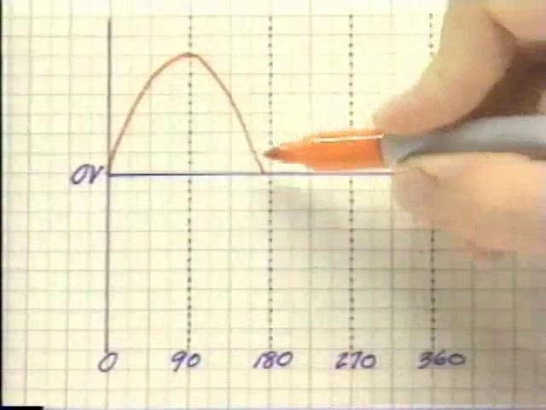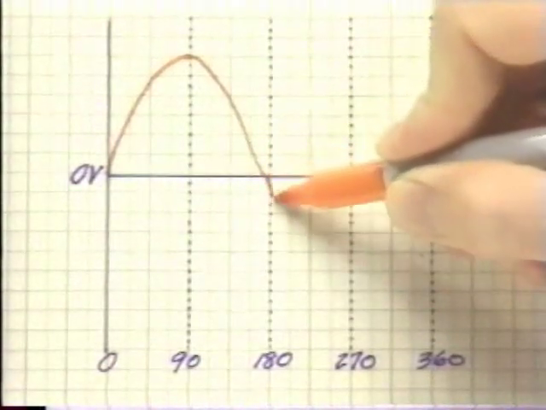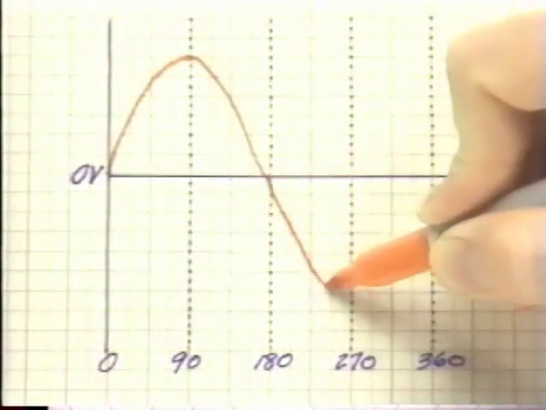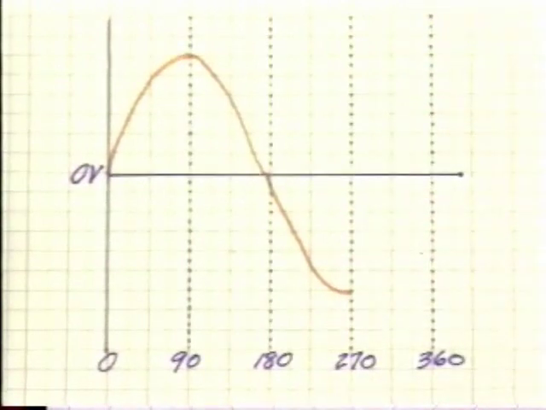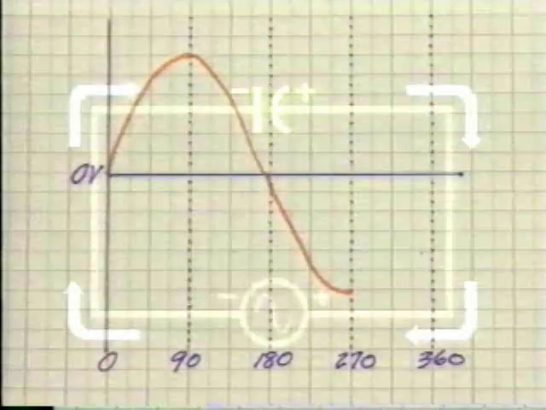At this instant, the polarity of the AC source reverses. And during the third quarter cycle, from 180 to 270 degrees, the voltage increases toward its negative peak of minus 170 volts. As the source voltage increases negatively, the capacitor must now charge with the opposite polarity to follow the source.